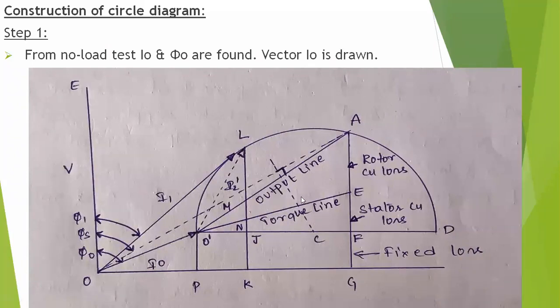The magnitude of the OA vector is IS by VS. The O dash A vector is the normal line, while the OA vector is the dashed line. The O dash A vector represents the rotor current I2 dash as referred to stator.